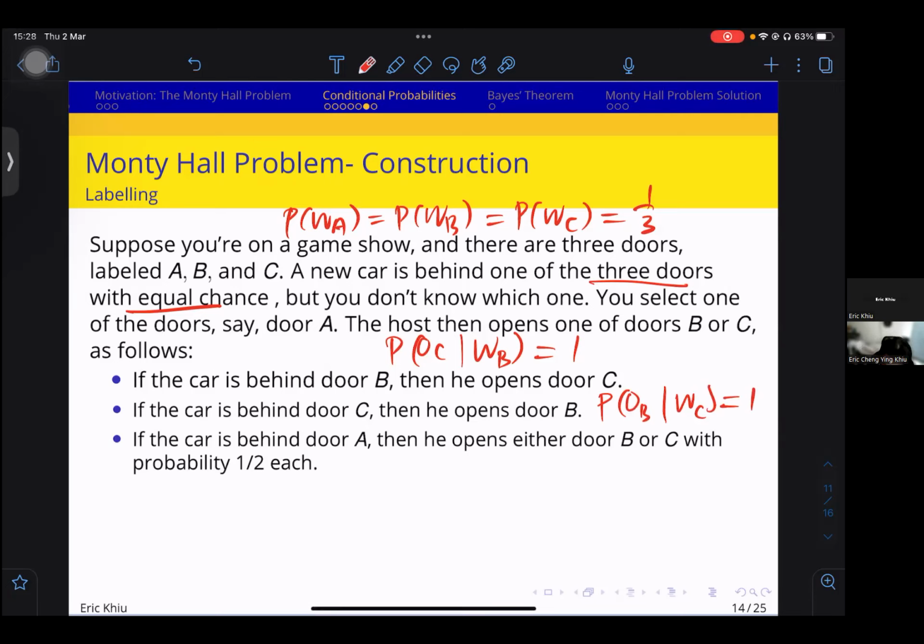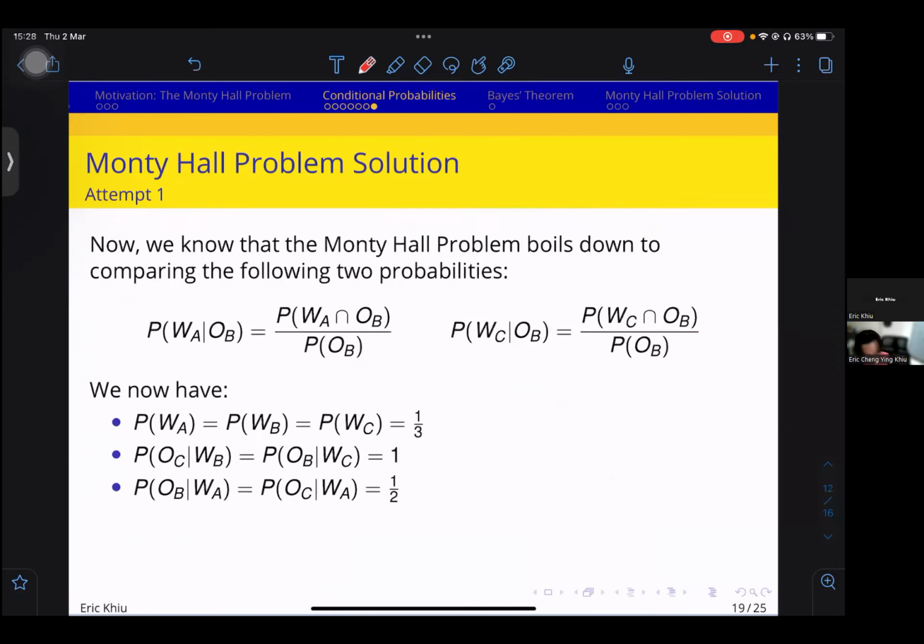And the third line says, given that the winning door is door A, the probability that the host opens door B is the same as the probability that he opens door C, which is 1/2. Okay, so this is what we have so far.